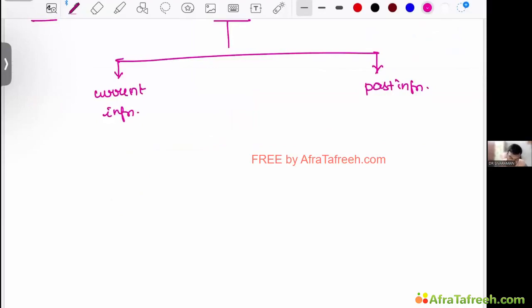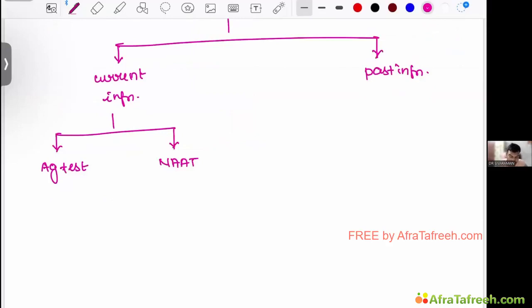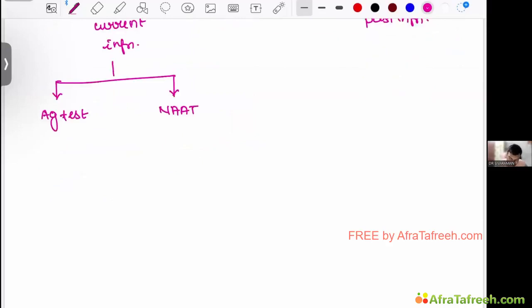For the current infection, you have two types of tests: the antigen test, and the nucleic acid amplification test. Nucleic acid amplification test is done by RT-PCR. It is also done by TrueNat or CBNAAT.